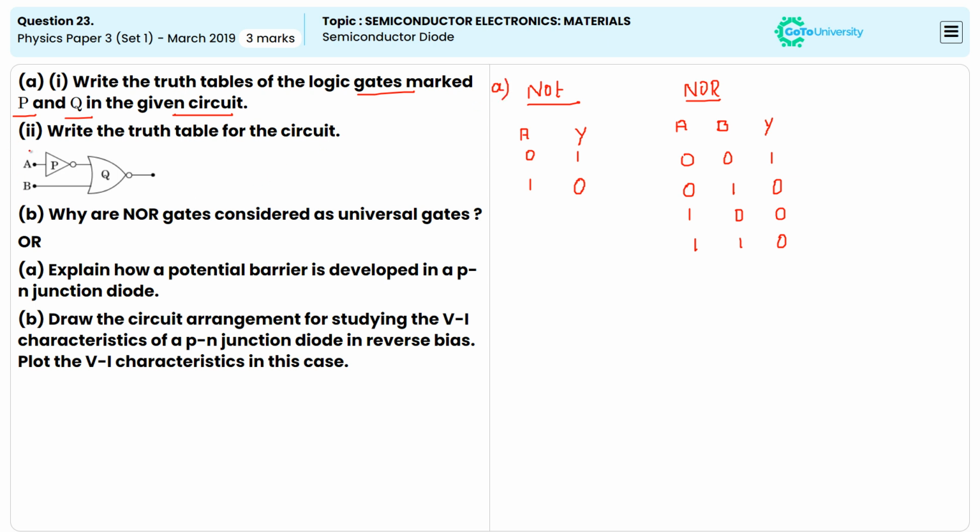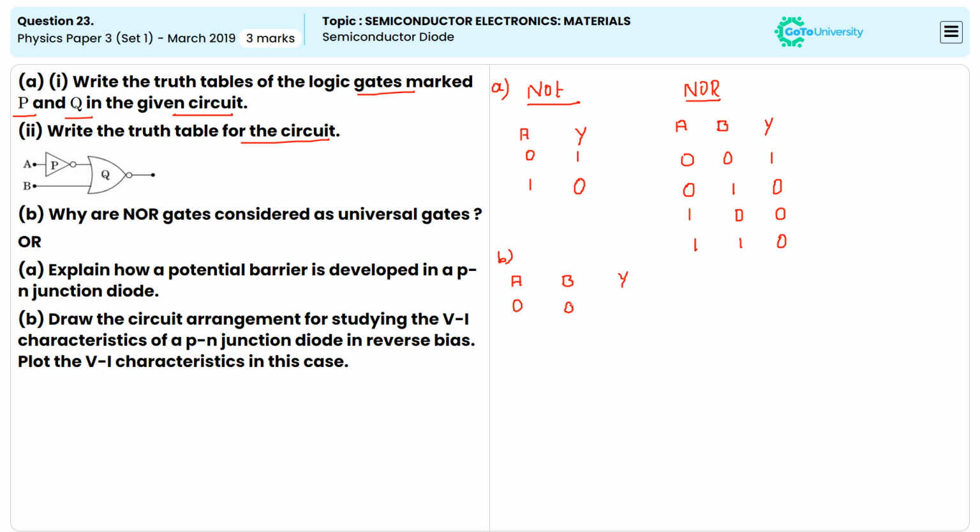Second one, write the truth table for the circuit. For this one, if I want to write the truth table, it looks like this. Example, case B here. If I take A and B as inputs and the output is Y, that is the NOR gate. If the NOR gate condition is 0, then the output becomes 1. If 1 is there in the NOR gate, then it becomes 0.